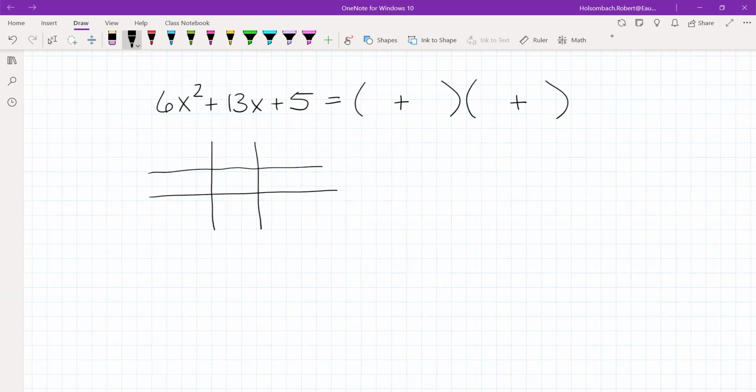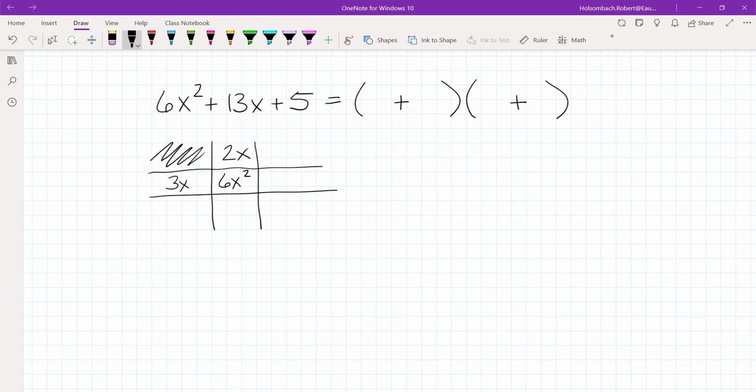In my matrix, I'm going to cross out the upper left box. Middle left, middle top are factors of 6x squared. I'm going to use 3x and 2x. 3x times 2x is my 6x squared.